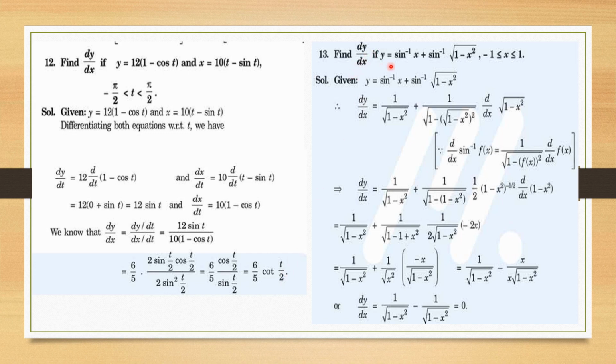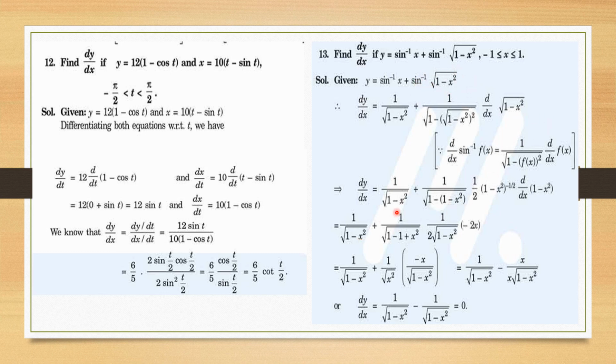Number 13 is dy by dx if y is equal to sine inverse x plus sine inverse root 1 minus x square. Now it can be easily differentiated. So for sine inverse, it is 1 upon root 1 minus x square, and this sine inverse will be 1 upon under root 1 minus this x square into d dx of this root 1 minus x square.